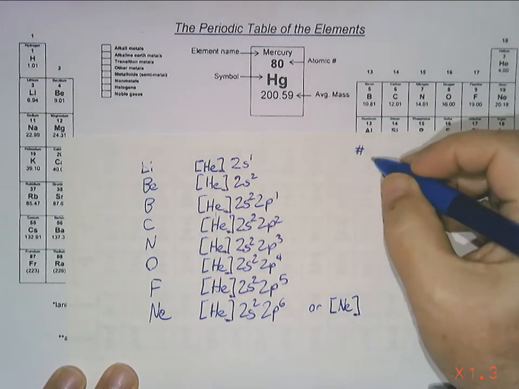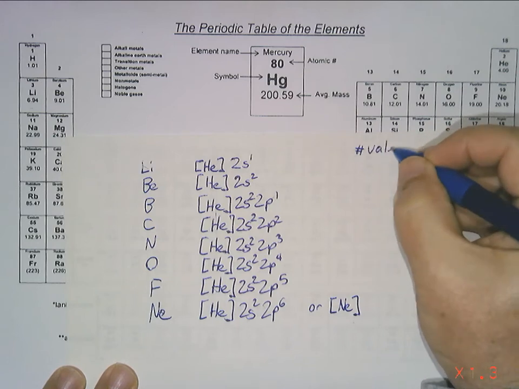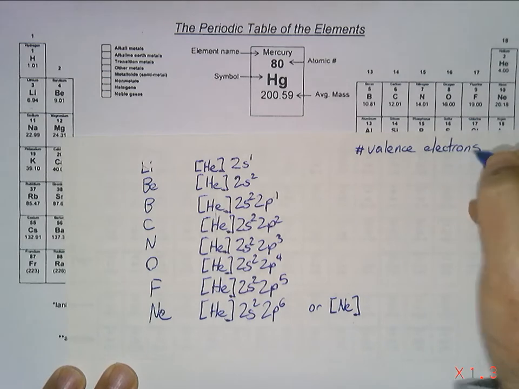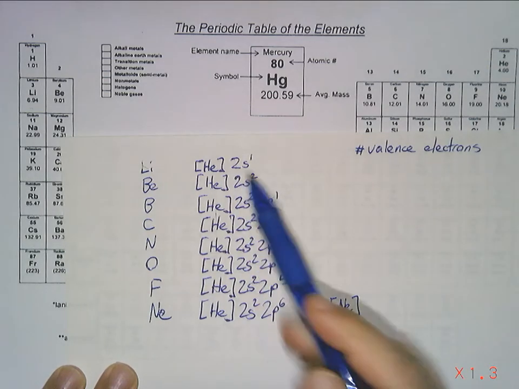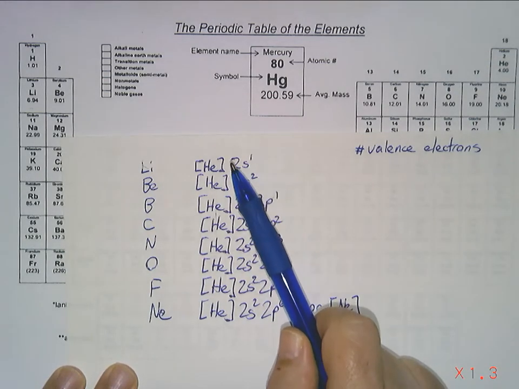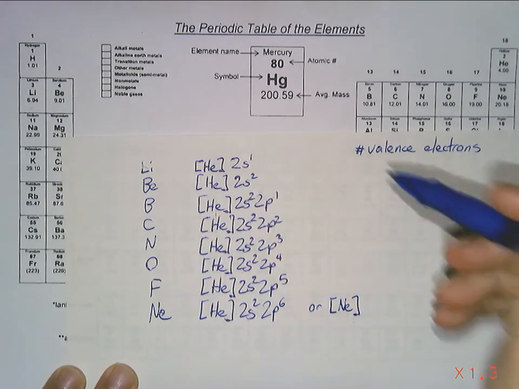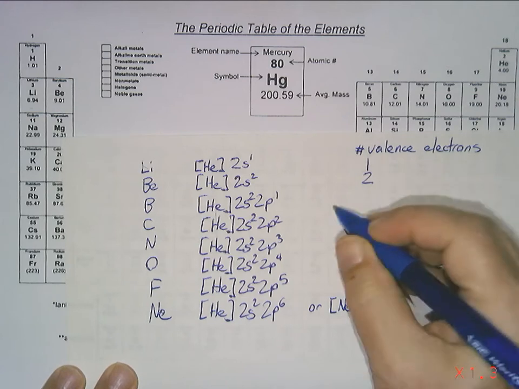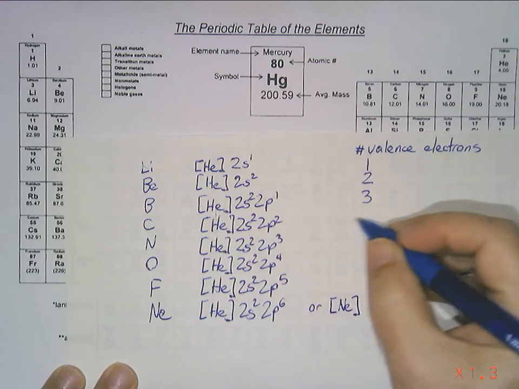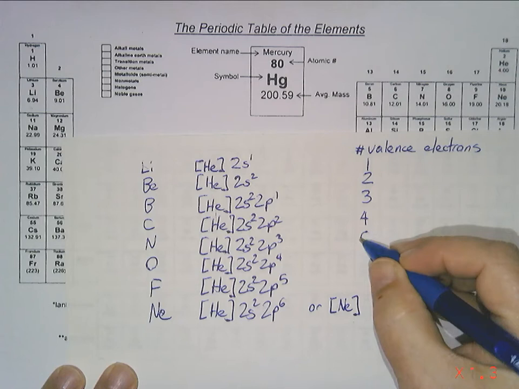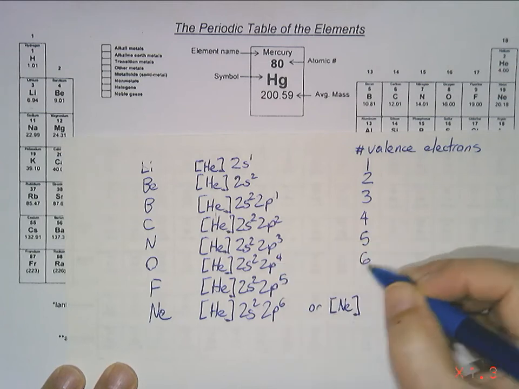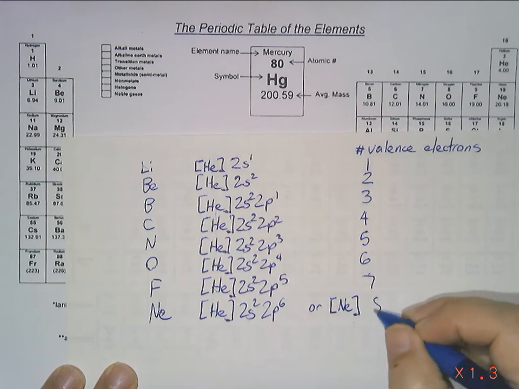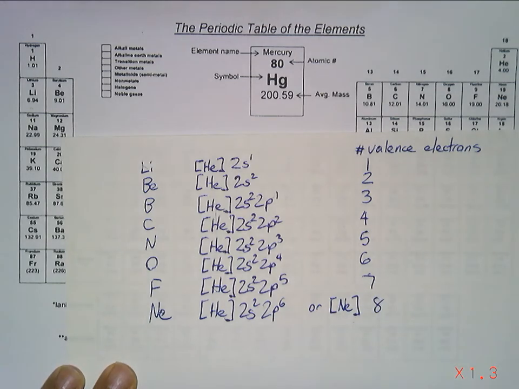If I add number of valence electrons, I can count all of the electrons that are in the outermost shell. So there's 1 electron here for lithium, there's 2 for beryllium, 3, 4, 5, 6, 7, and 8 electrons in the outer shell for each of these.